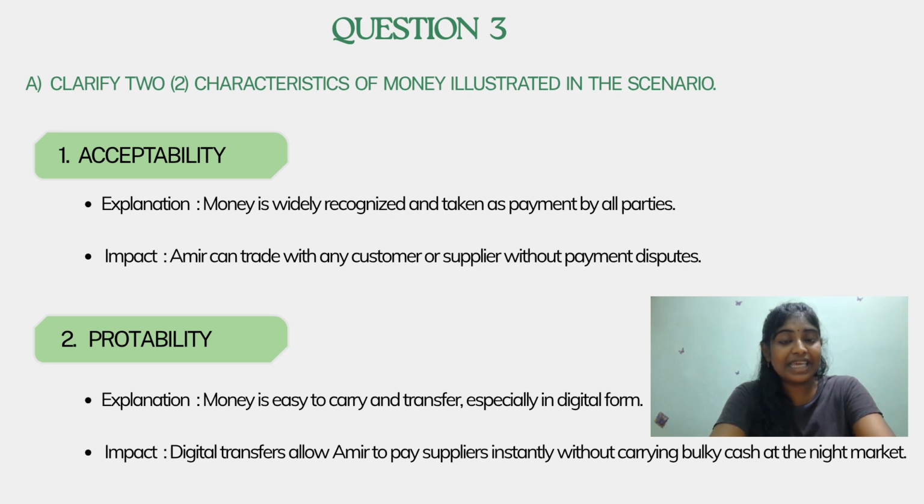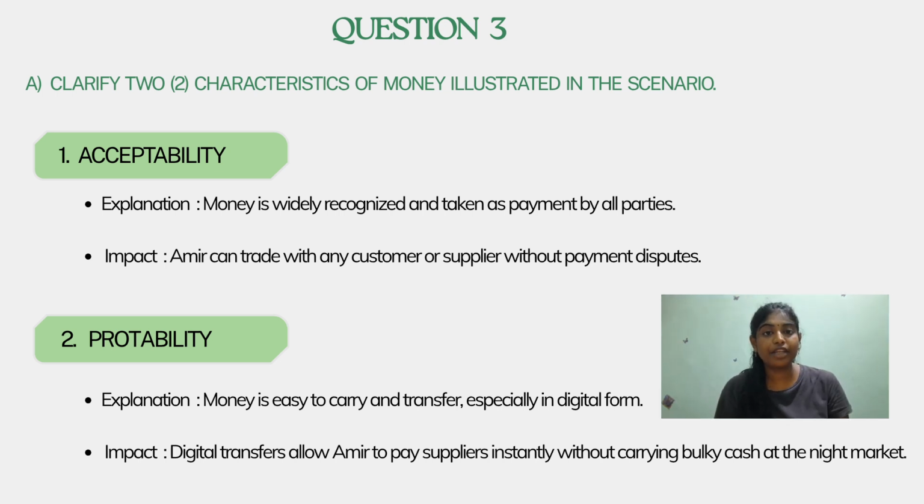We can see customers pay money to buy burgers and Amir pays money to buy his ingredients from his supplier, whether it is physical cash or digital, which is e-wallet and bank transfer, and this money is also recognized as legal tender within the Shah Alam market.